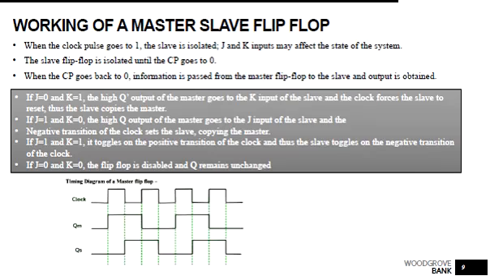The output from the master flip-flop is only seen by the gated slave flip-flop when the clock input goes low to logic 0. So the toggling will happen only once in a clock pulse signal.